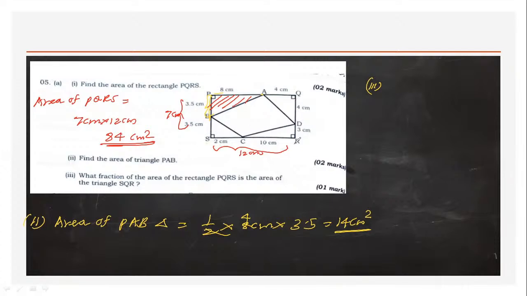Q is here. R is here. If they are asking us to find the SQR, right? Then SQR is there. You have to do the construction and separate this triangle.